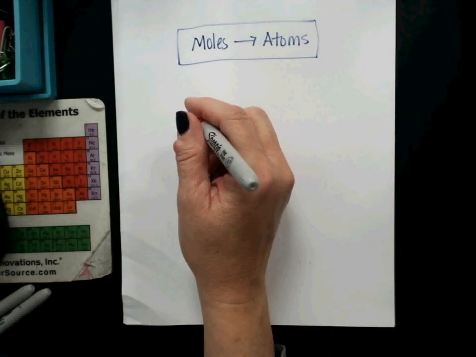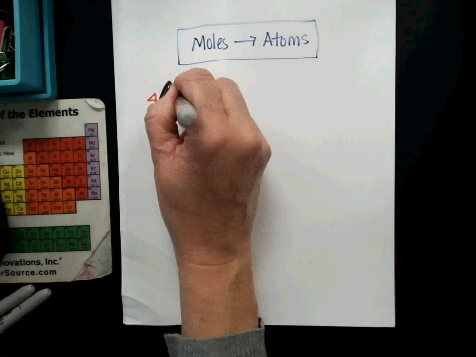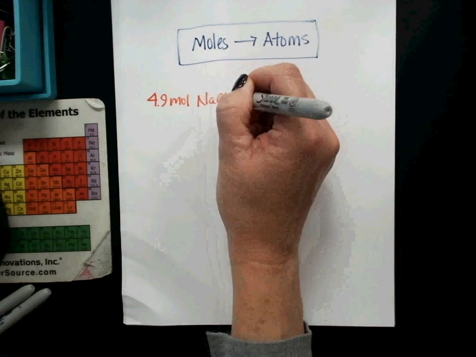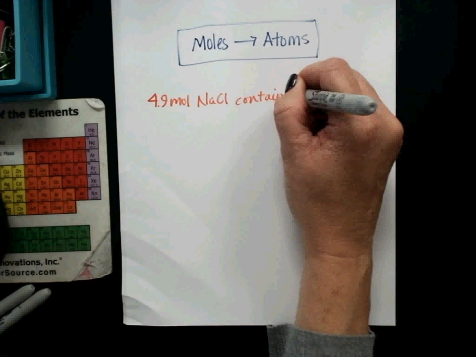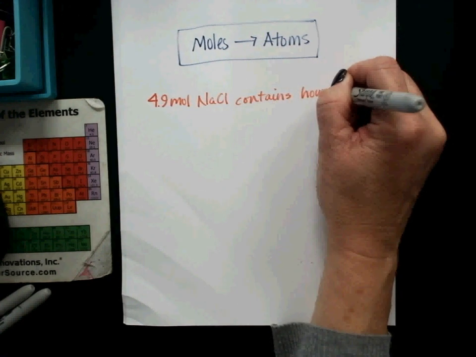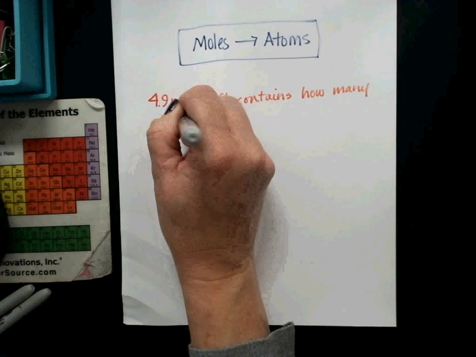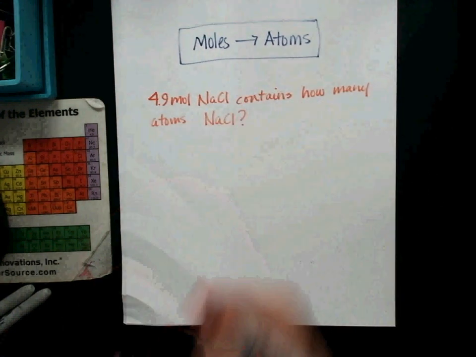Moles to atoms, is that a 2-step? Yep. Okay, so let's say I have 4.9 mole, and I'm going to use the salt NaCl. NaCl contains how many atoms?